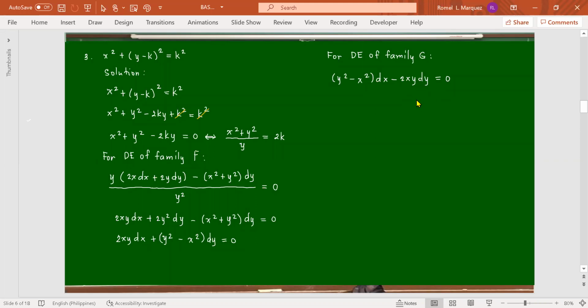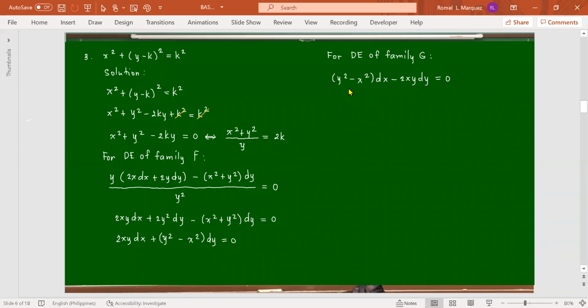So let's now solve this to get the equation of the family G. Now, what type of first order, first degree ordinary differential equation is this? This is actually a differential equation with homogeneous coefficients. But let's see if there is another type of DE involved here.